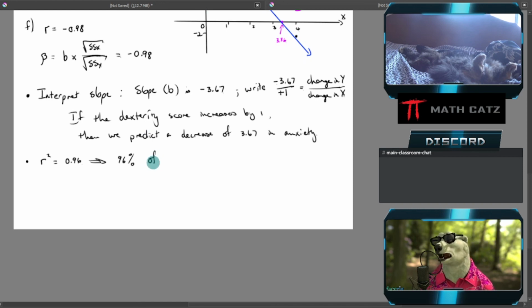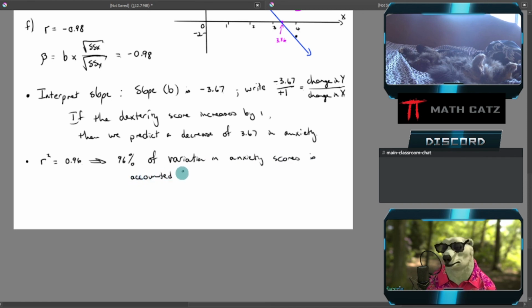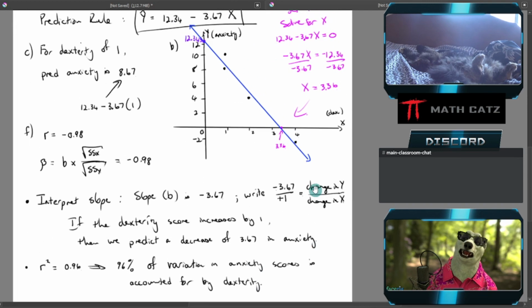And we can say 96% of the variation in anxiety scores is accounted for by dexterity. So because dexterity scores change, anxiety scores will change.